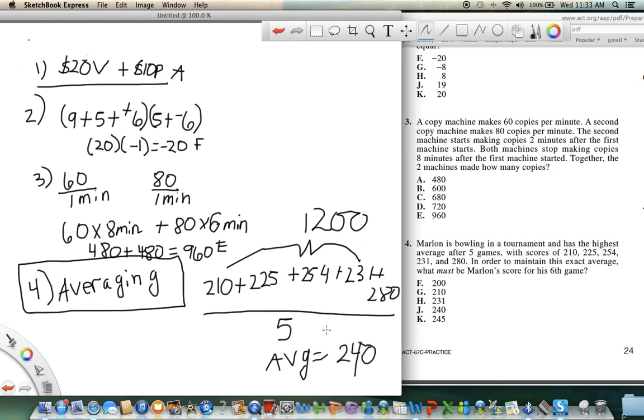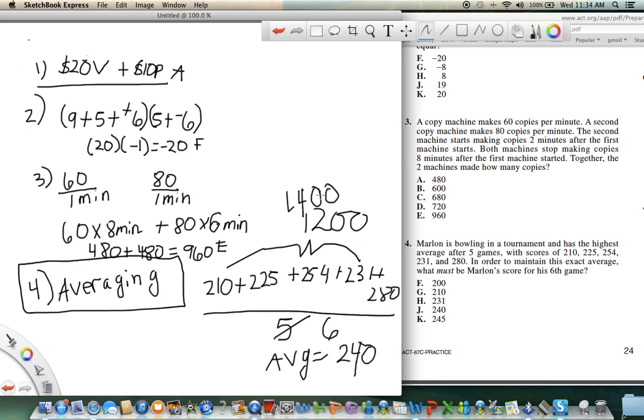So if he's going to make it 6 games now, and he wants an average of 240, you would just do an inverse operation, 240 times 6, and we know we're going to get a different number because before it was times 5. So that would change your numerator. He would have to have a numerator of 1400 to keep it 240.